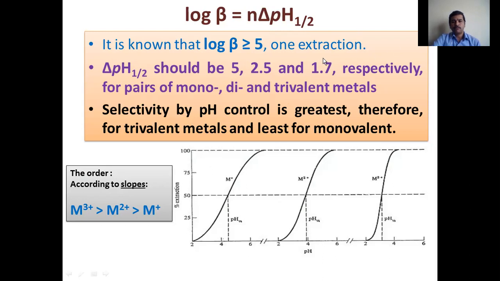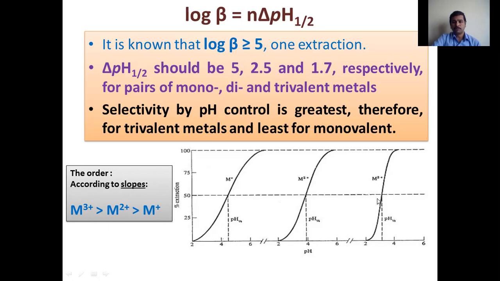And that value you get from the slope of the graph that I showed in one of my previous slides. The slope for this plot for the monovalent ion, the divalent ion and the trivalent ion: you can see the slope will be more for the trivalent ion, less for the divalent than the trivalent, and the slope for the monovalent ion will be lesser than the divalent ion.